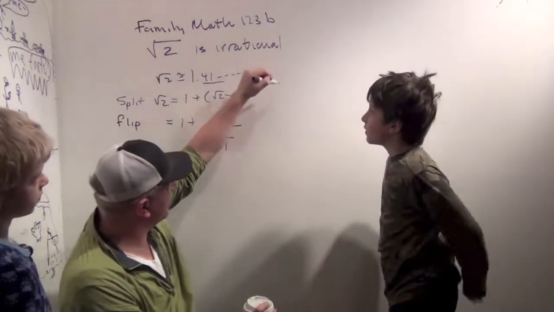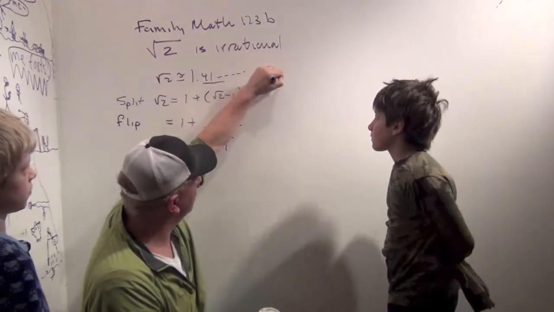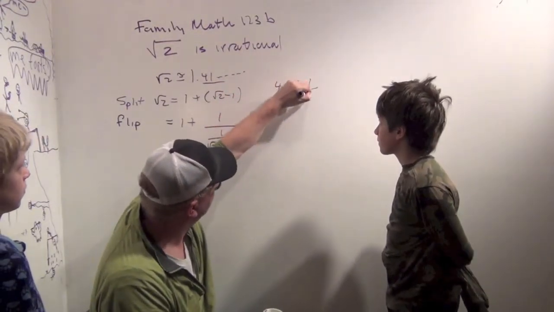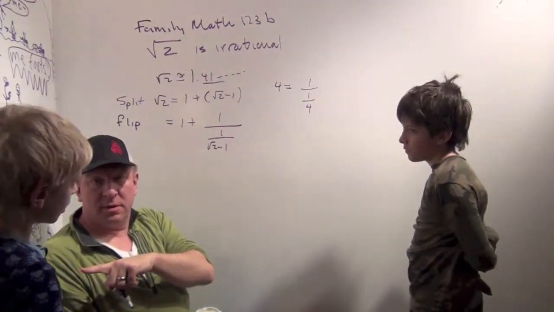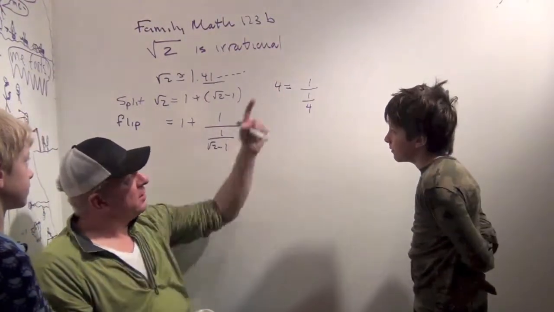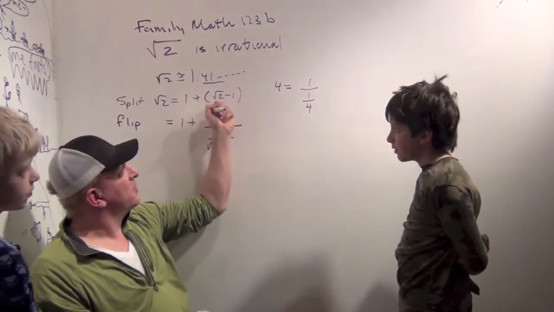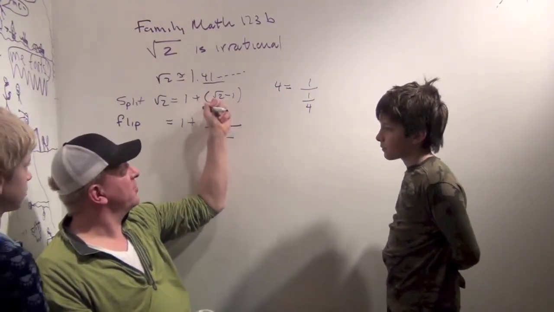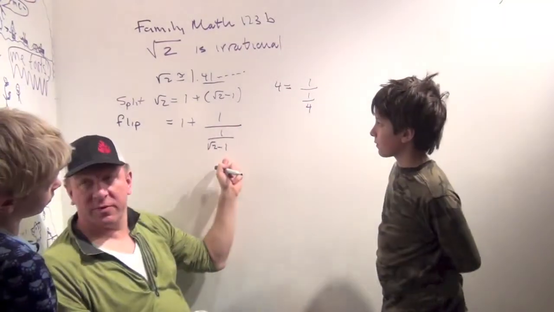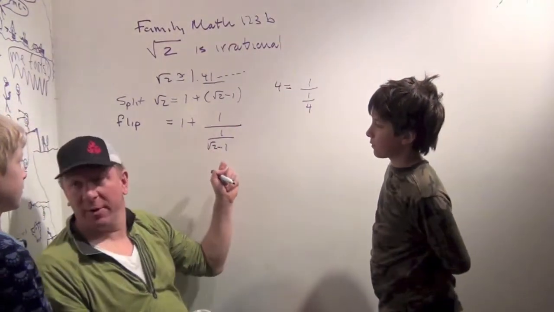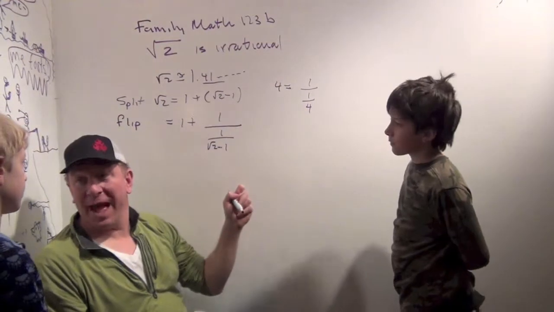That's exactly right. All we're doing here is saying something like 4 equals 1 over 1/4. Is that true? Yeah, 1 divided by 1/4 is 4. The square root is in the exact same way: the square root of 2 minus 1 equals 1 divided by 1 over the square root of 2 minus 1. That's the flip part. Okay, now are you ready for the rat part?